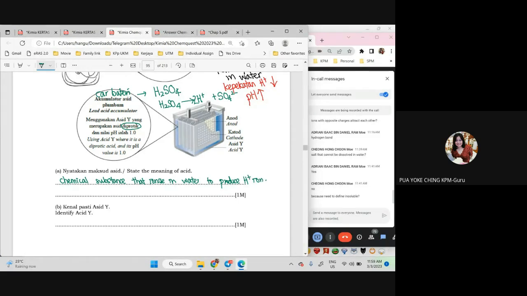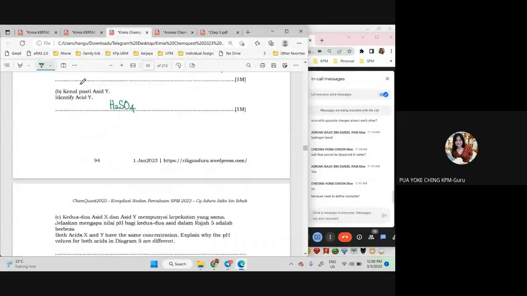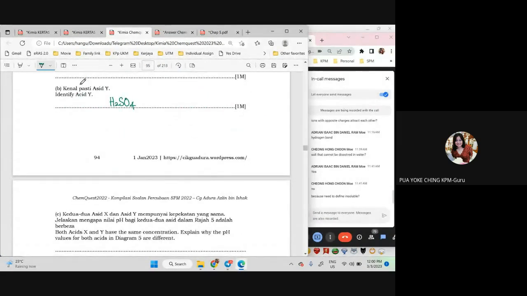Okay, dia adalah bahan kimia yang ionize, mengion dalam air, then you dapat H+. So, kena pasti acid Y, ini ialah sulfuric acid lah, H2SO4. Okay, so contoh-contoh acid yang wajib yang sama, car battery mesti pakai sulfuric acid, cuka mesti ethanoic acid. Itu yang 2 example yang dah fix. You tak boleh tukar dengan benda yang lain.